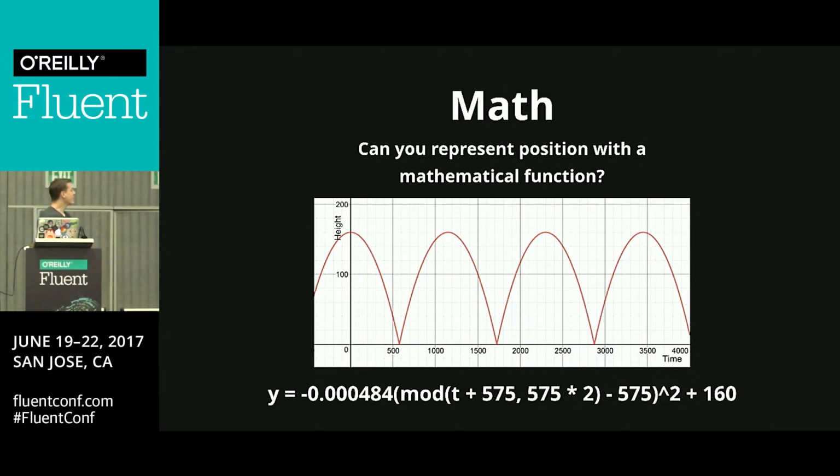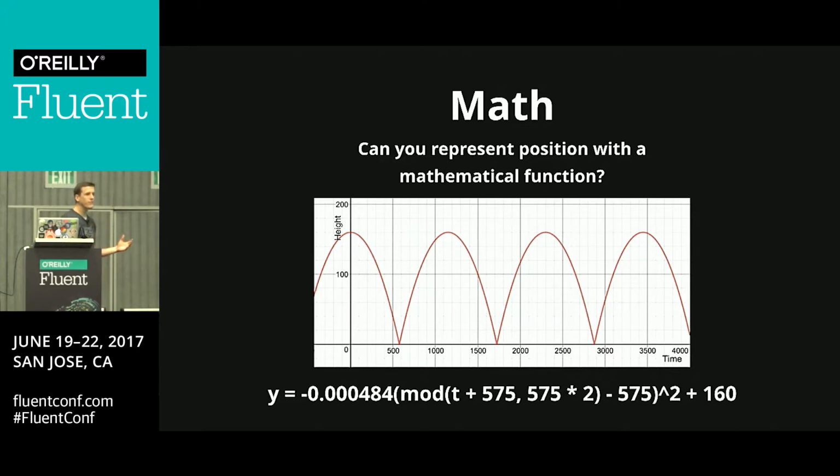So with math, you can animate all sorts of things, and you can use mathematical functions in your animations if it answers this question: can you represent the position of the thing that you're animating with a mathematical function, right? This mathematical function that I have here on the screen is the function that I use to animate the bouncing ball.